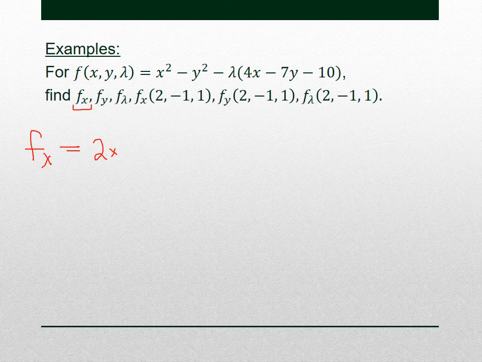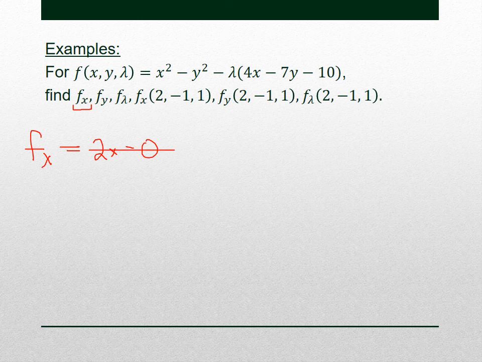Then we have minus y squared. Well, what's the derivative of y squared? It's partial derivative with respect to x. So we're going to treat y squared, the whole thing, as a constant since y is a constant. So that gives us minus the derivative of a constant is 0.